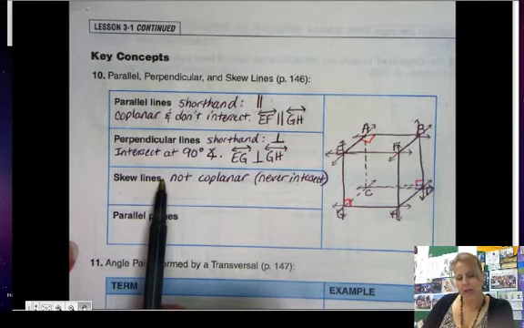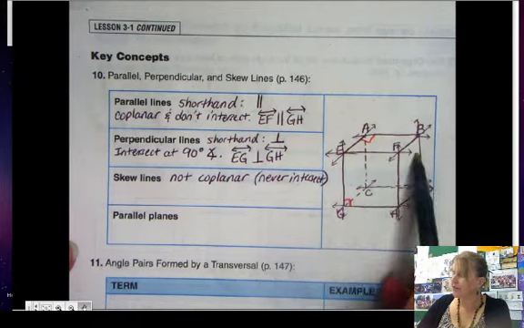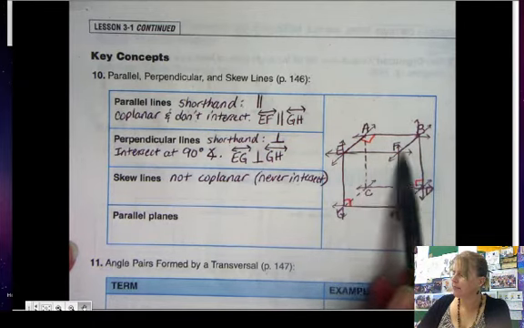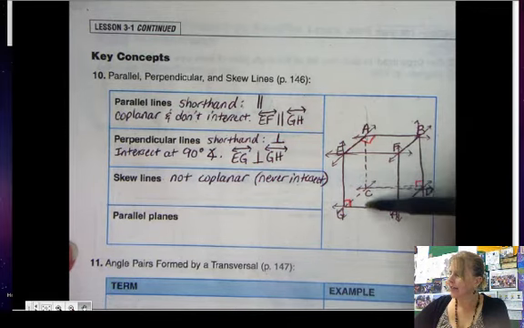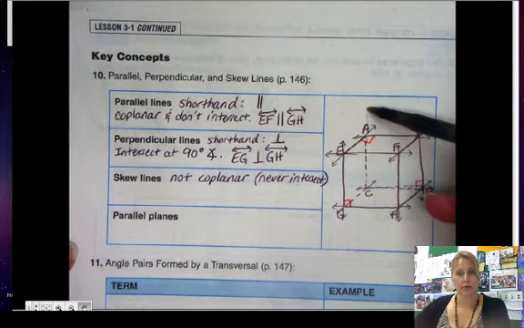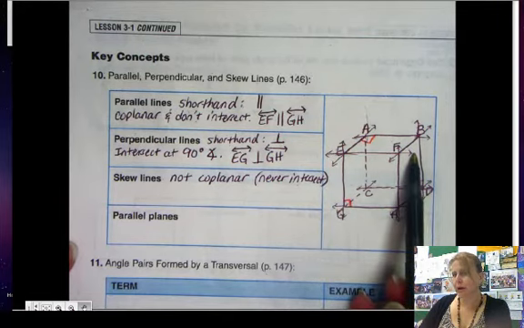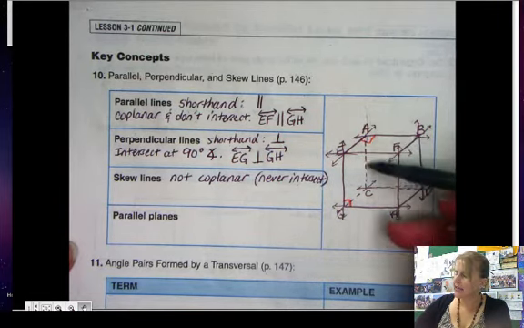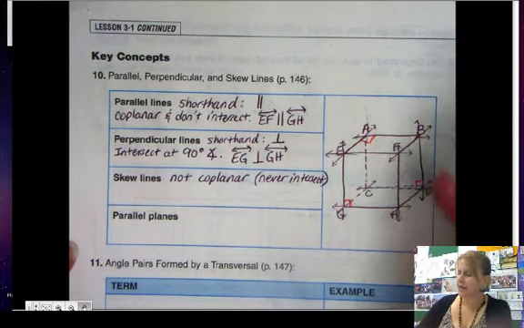So skew lines would be, for example, EF going left and right in the front, and AC in the back going up and down. Those are never going to intersect, and they're also not on the same plane.